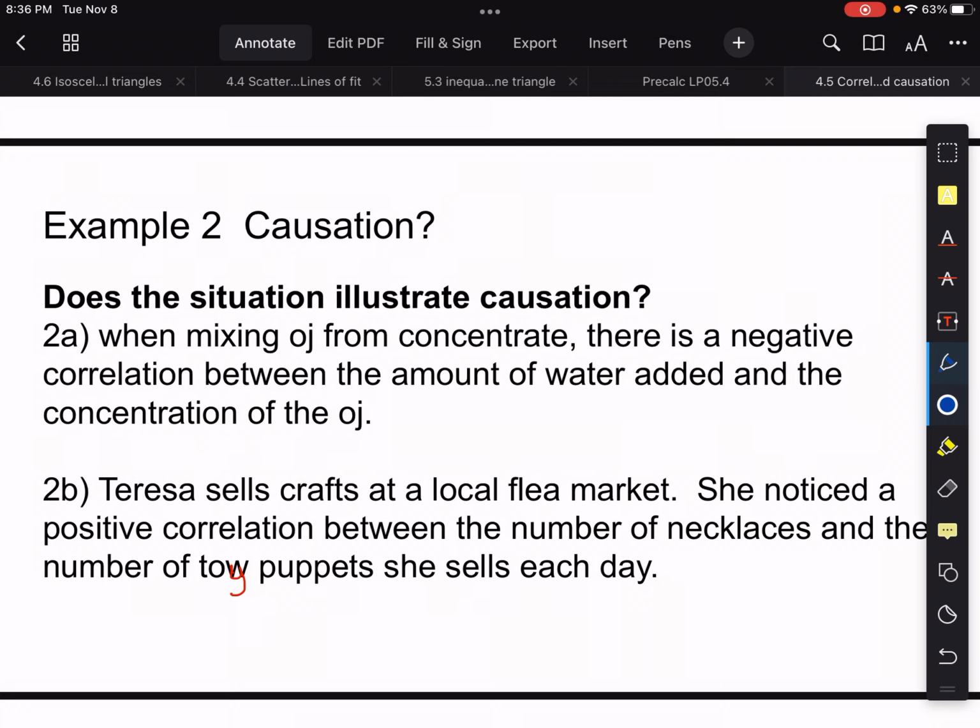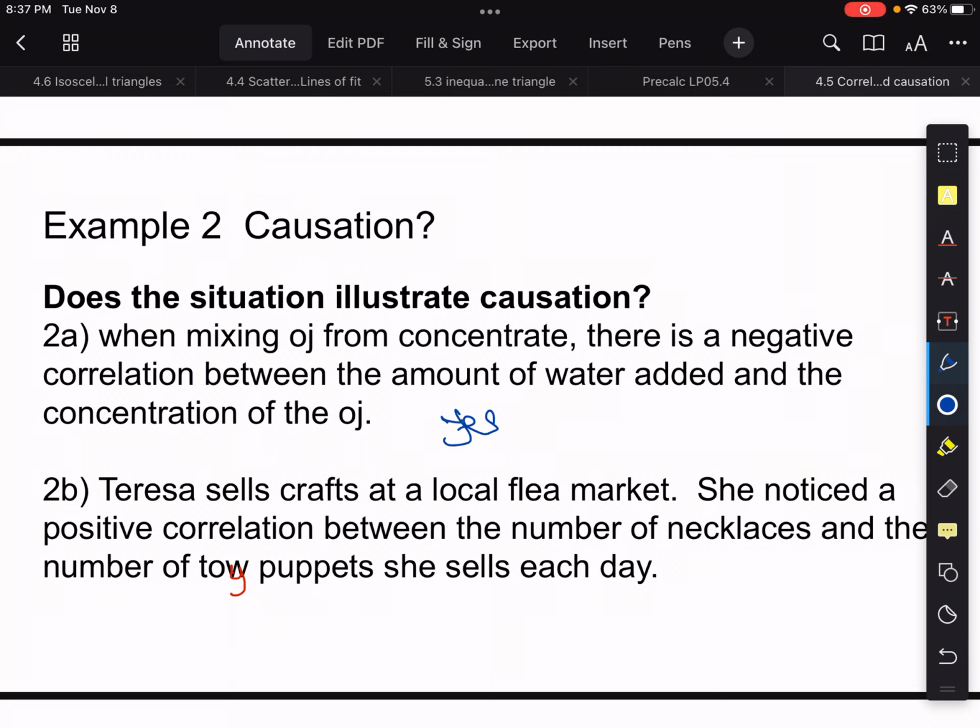So as I add water, does the concentration of the orange juice drop? Yes, that does make sense. If I'm adding more water, the orange juice is going to become more and more watery. So there's a definite relation and causation happening. The answer to 2A would be yes.